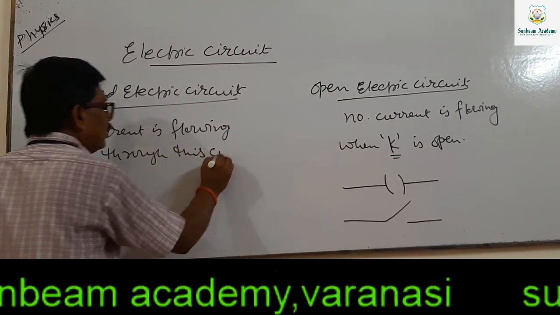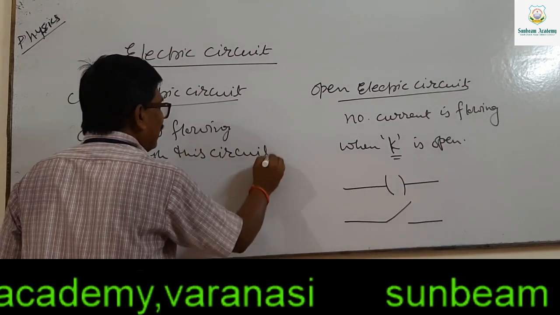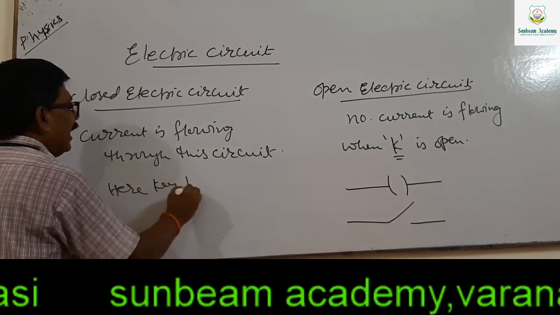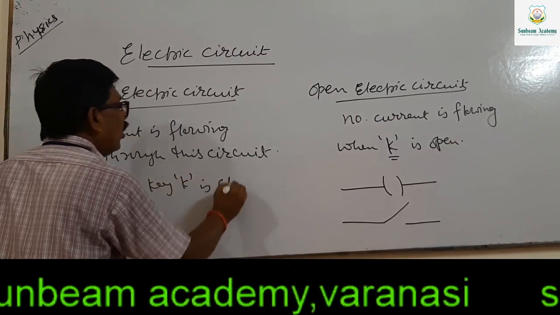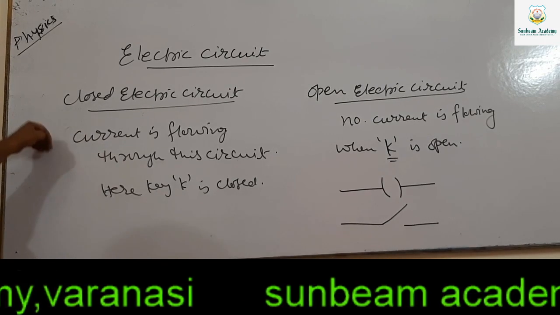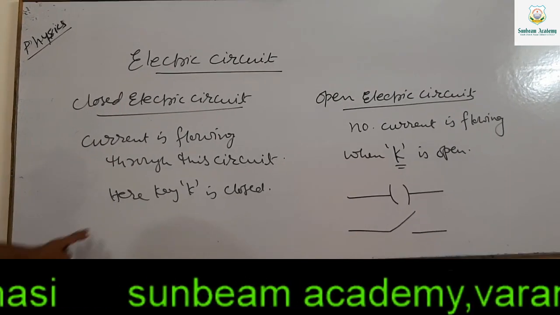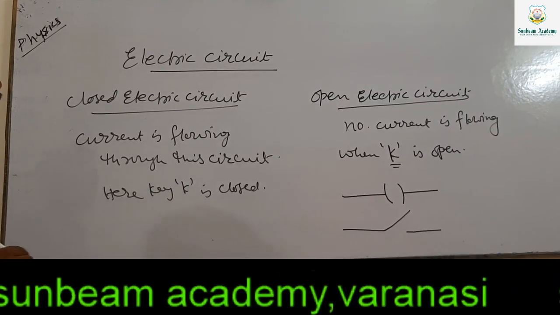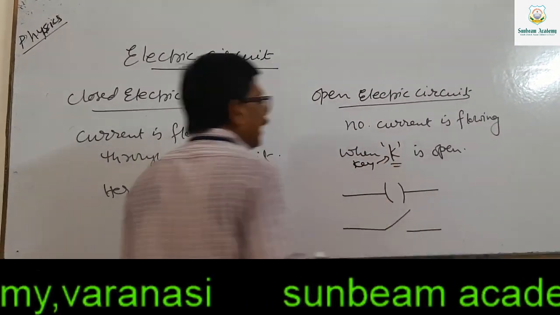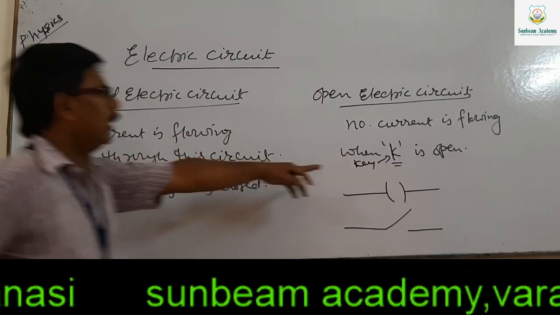Here key K is closed, means here the current is flowing through the circuit. Here the key K is opened in this open electric circuit.